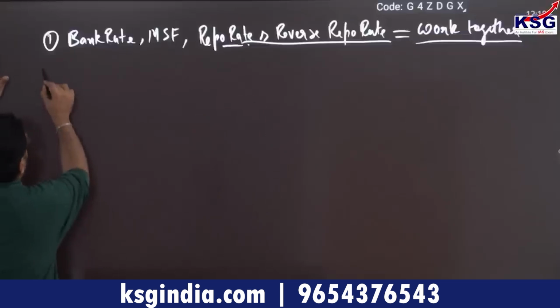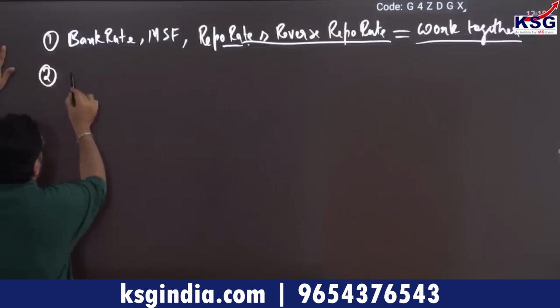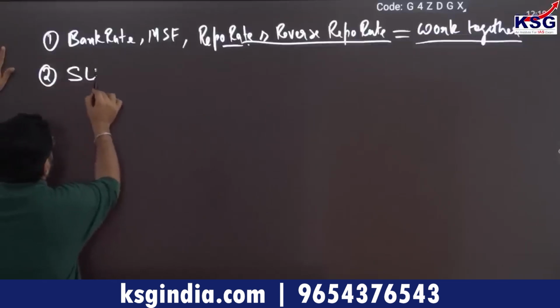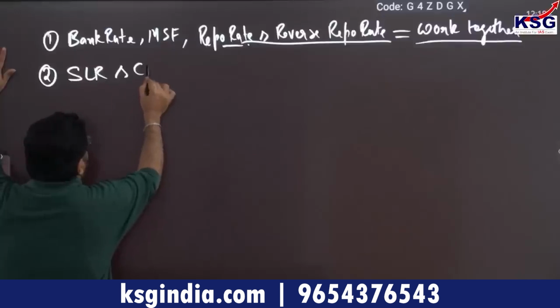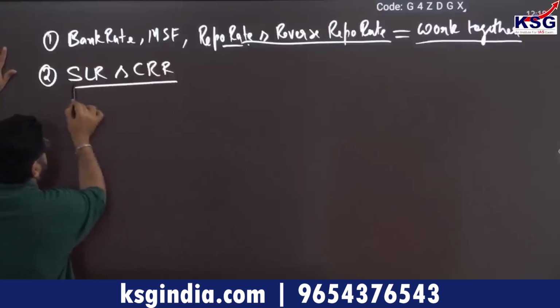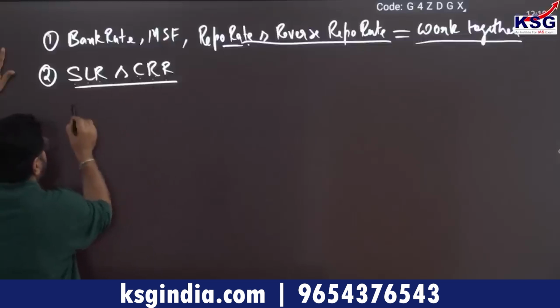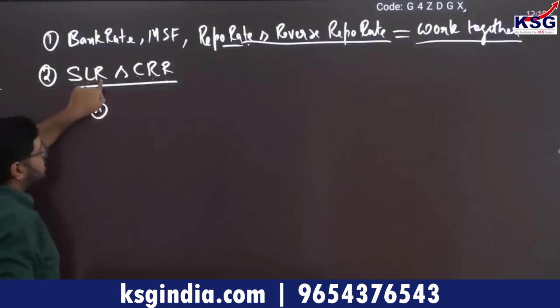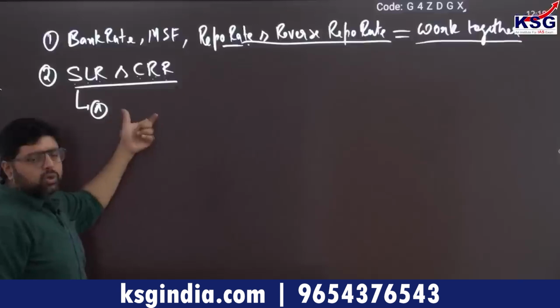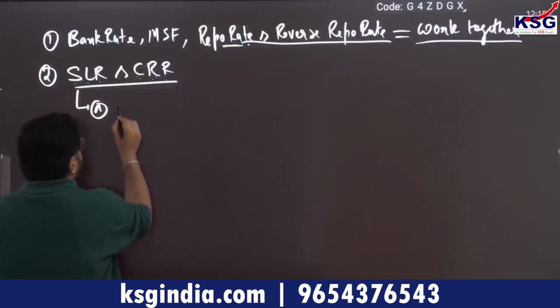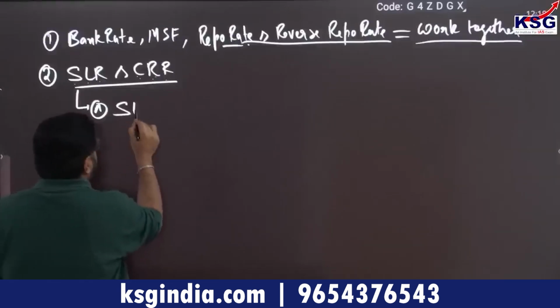Number 2. First we'll talk about SLR and CRR. SLR stands for statutory liquidity ratio. CRR stands for cash reserve ratio. Now under this, the first point is that these two together are known as statutory reserve requirement.